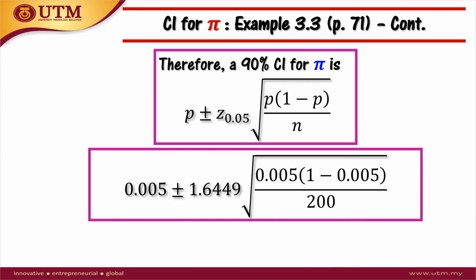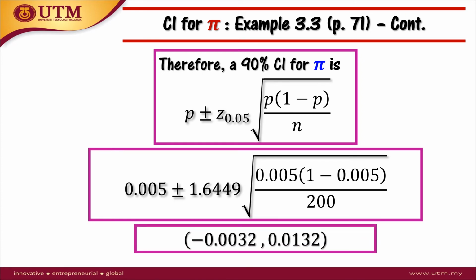Substituting all the values in the formula, we have the final answer. Here 1.6449 is the value of z alpha over 2, that is z 0.05 obtained from table 4 in page 34.